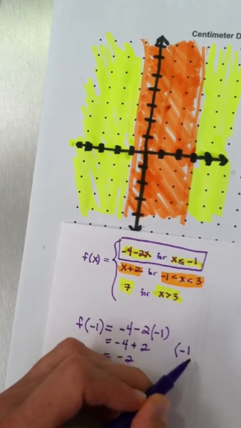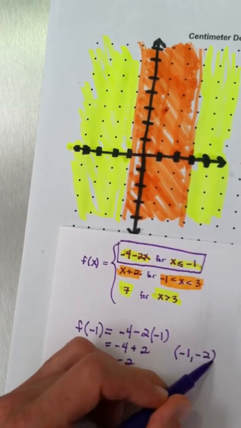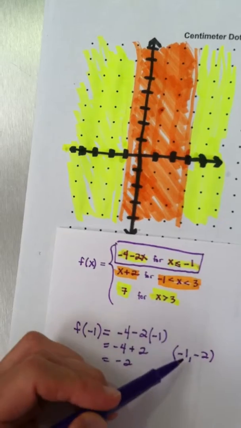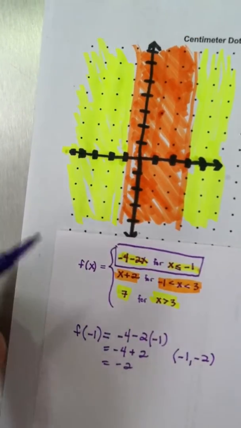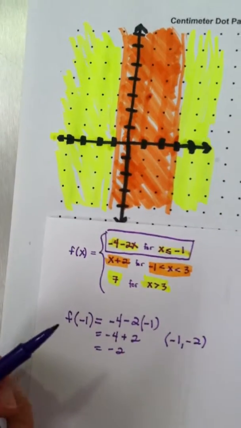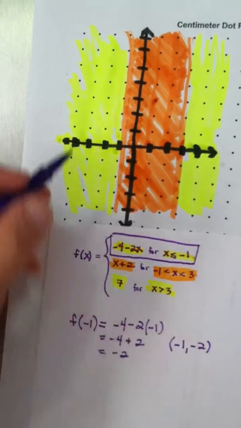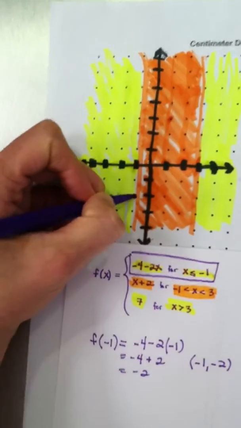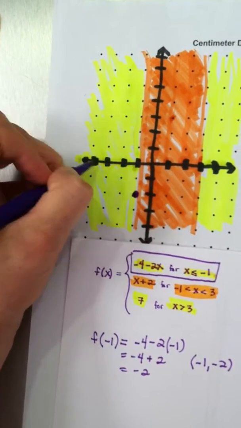So the ordered pair (-1, -2) is going to be included, since the -1 is included in that section of the graph. So I'm going to put a solid point for (-1, -2), right there. Now let's put another input in.